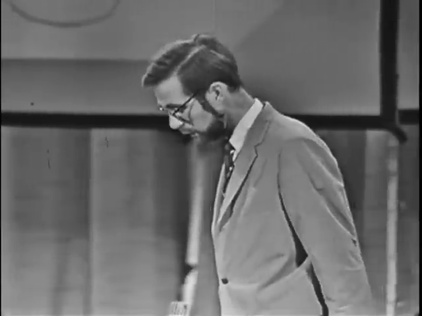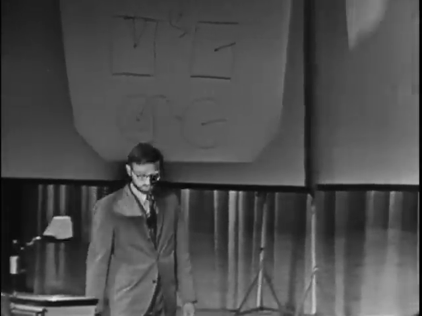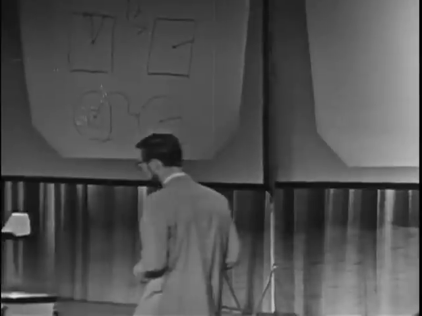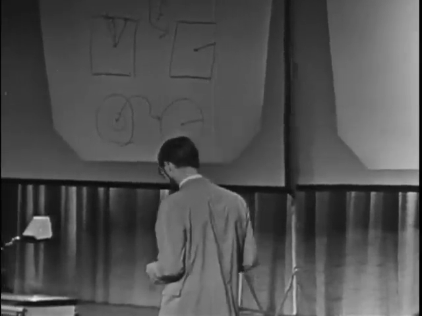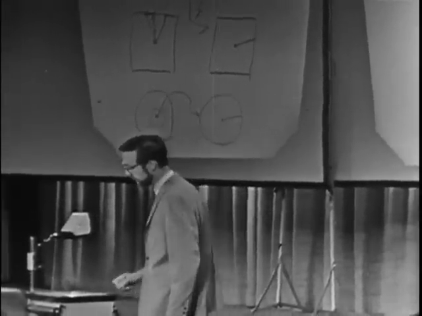And there are obvious transitions. If we have a piecewise linear manifold, we can simply forget the fact that it's piecewise linear and consider it as a topological manifold. And similarly with a smooth manifold. So in that sense, we get a diagram like this.